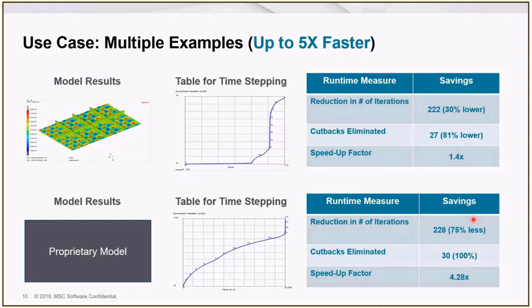So in some cases, there is a chance that you will still have some cutbacks because your change could result in some overall behavior change of the model. But this functionality is really at its most beneficial when you have a good idea of how the model is going to converge.